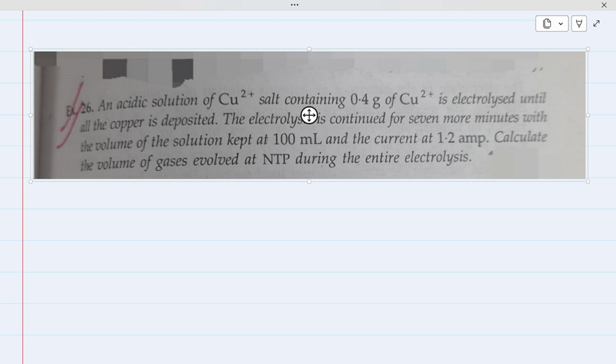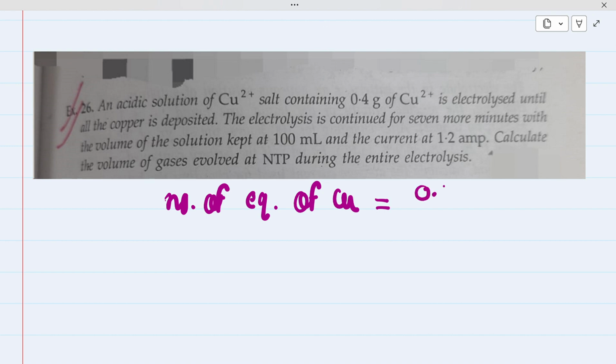In this question, an acidic solution of Cu2+ salt containing 0.4 gram of Cu2+ is electrolyzed until all the copper is deposited. So we can calculate the number of equivalents of Cu deposited at cathode, which will be equal to mass, that is 0.4, upon its equivalent weight.